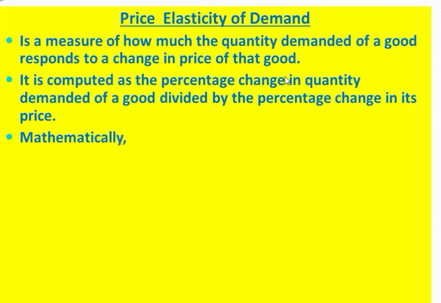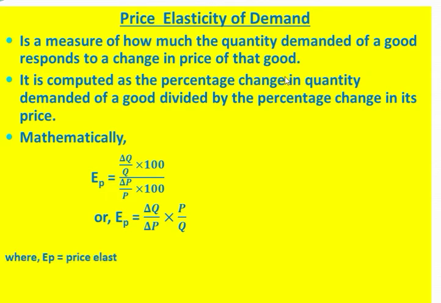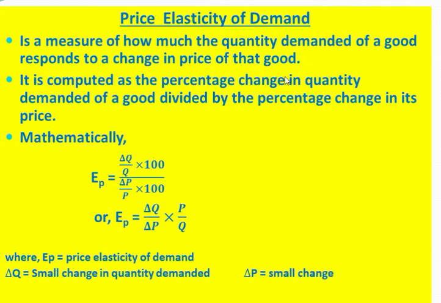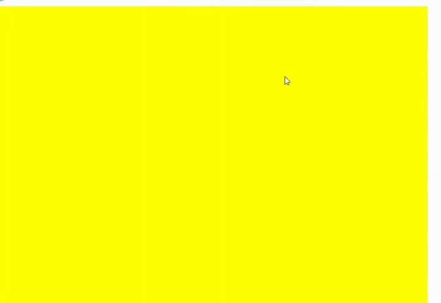Mathematically, it can be written as EP equals delta Q by Q into 100 divided by delta P by P into 100, or EP equals delta Q by delta P into P by Q, where EP is equal to price elasticity of demand, delta Q is equal to small change in quantity demanded, delta P is equal to small change in price, Q is equal to initial quantity demanded, P is equal to initial price. Okay, now some notes.